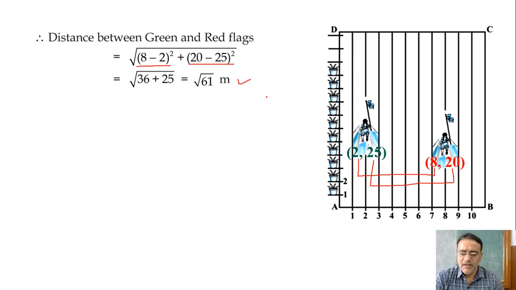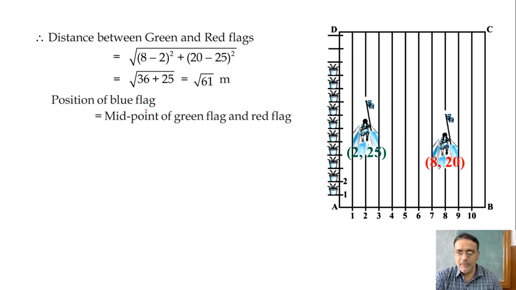Now we have to put the blue flag at the midpoint of these two points joined. The line joining from here to here, we have to place it exactly at the midpoint. So how will we find the midpoint? Position of the blue flag will be equal to the midpoint of the green flag and the red flag. The formula is (x1 plus x2) by 2 and (y1 plus y2) by 2.